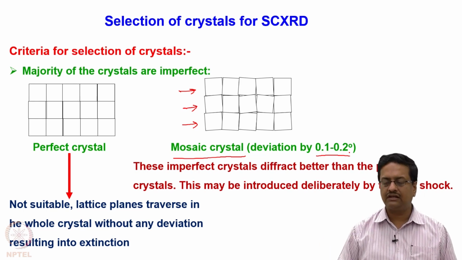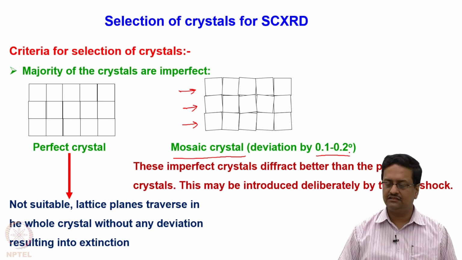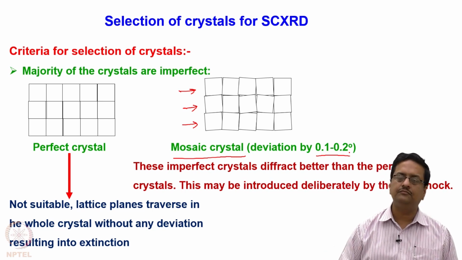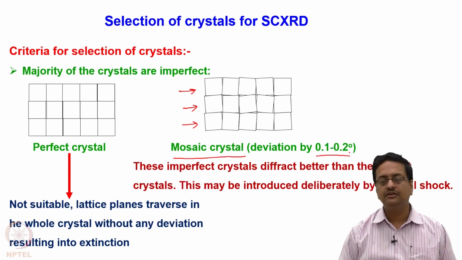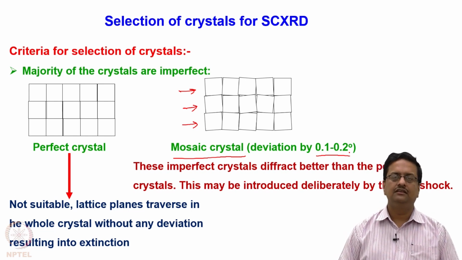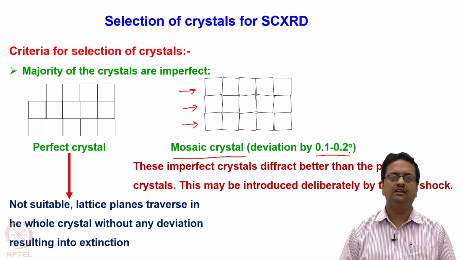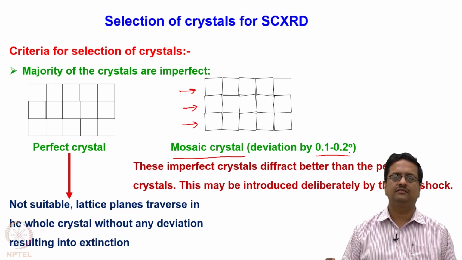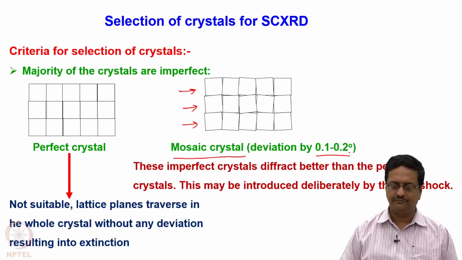So these imperfect crystals diffract better than the perfect crystals, and this imperfection can be introduced by a thermal shock. So if we take a crystal and suddenly dip it in liquid nitrogen, reduce the temperature from room temperature to low temperature very suddenly, and then bring it back to room temperature, you may introduce these imperfections in it.